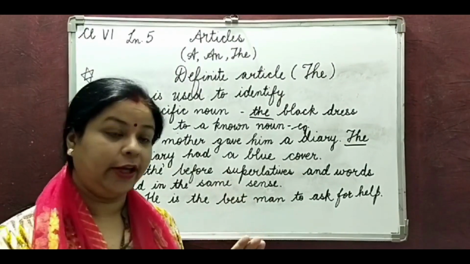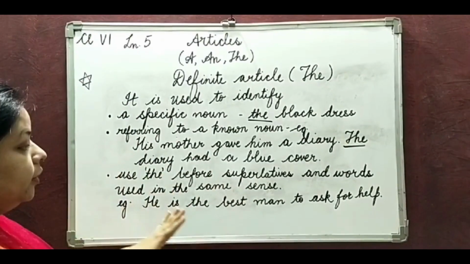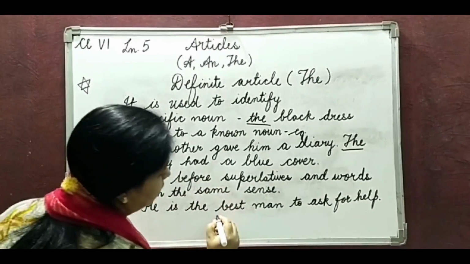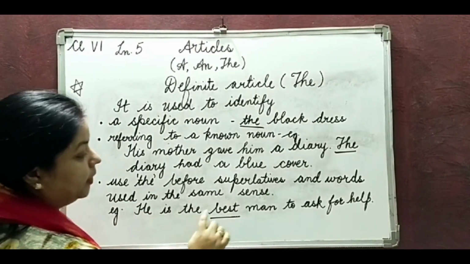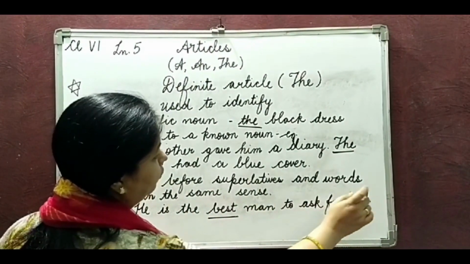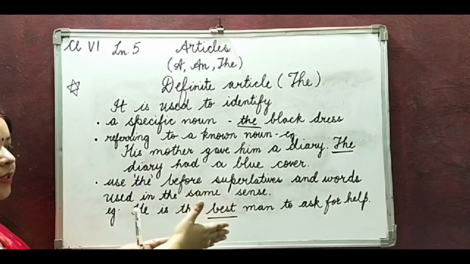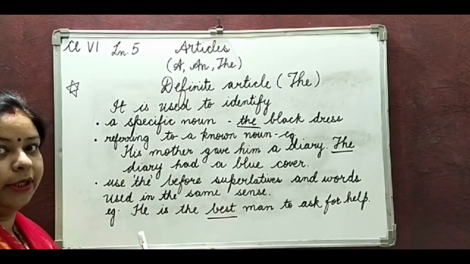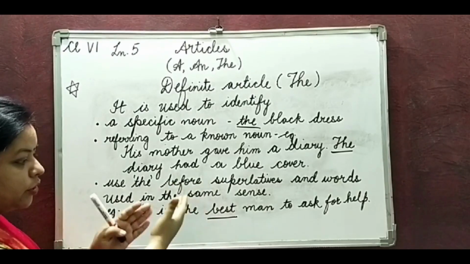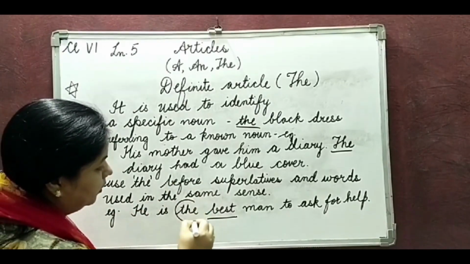In the same way, here we use the with superlatives, such as: He is the best man to ask for help. Here best is a superlative degree, used with the help of the article the.